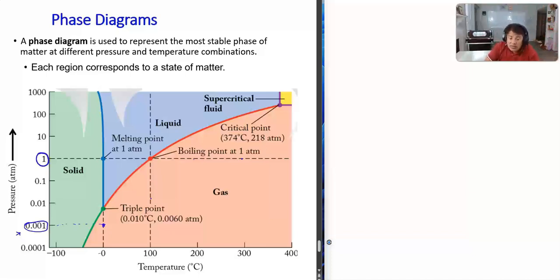And what about this green boundary? At the boundary, for example, at this point, let's say 0.001 pressure and about minus 1 temperature, it will be the mixture of the solid and the gas. Generally, let's understand this way.